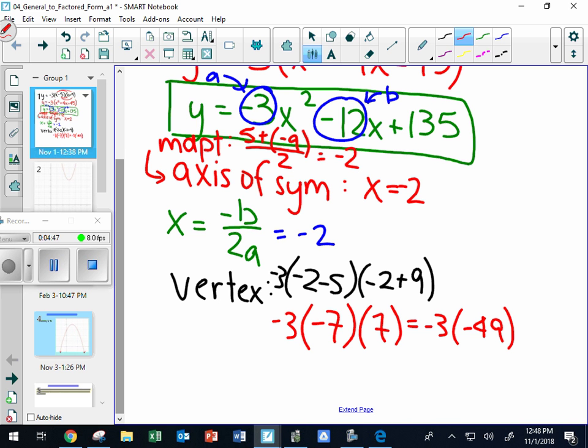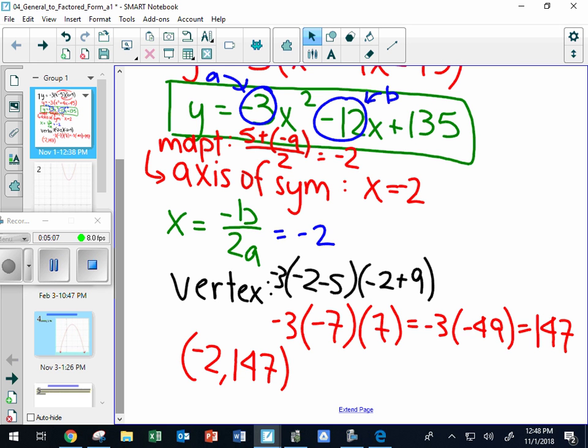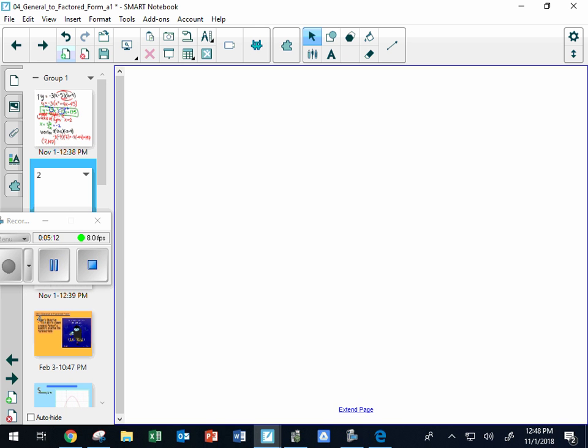Yeah? And then that looks like it'll be positive, was it 147? 147. All right, so then our vertex we know is negative 2, 147. Okay?